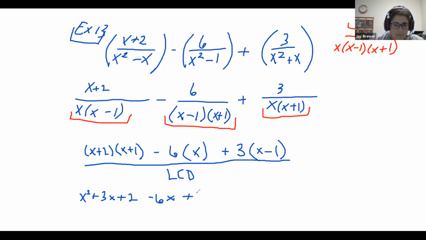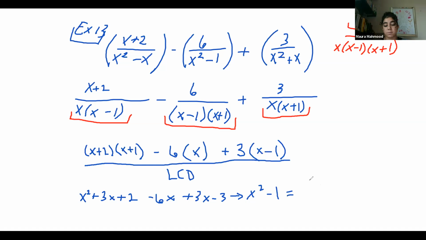And then we'll have a plus 3x minus 3. So if we simplify just that piece, we end up with x squared minus 1. But what can you tell me about x squared minus 1? It factors into x minus 1, x plus 1.